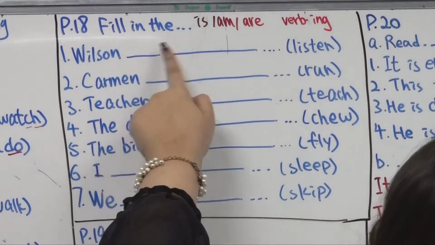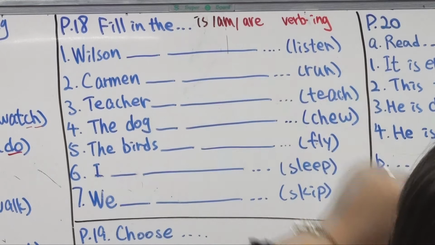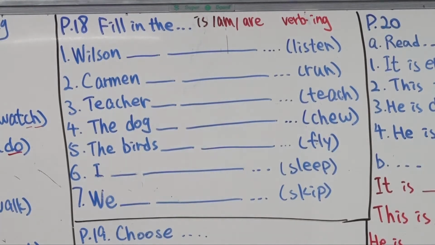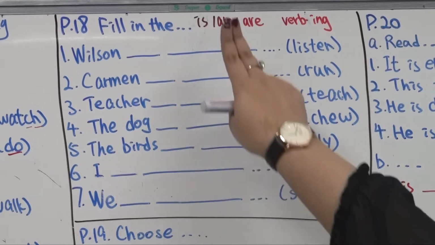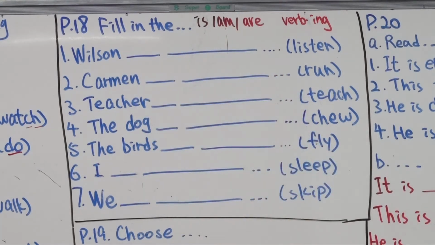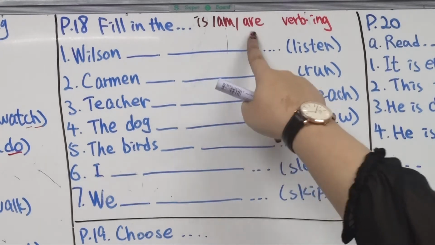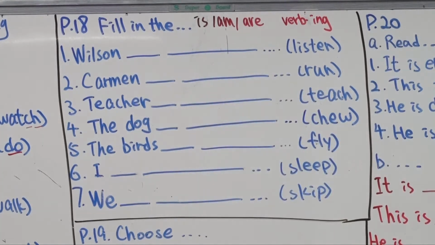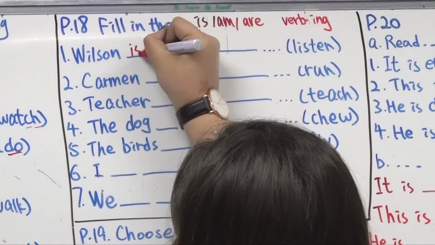Wilson, what to the music? Wilson's followed with is, am, or are. Wilson is just one person, right? It's not I, so we cannot use am. So the option is is or are. Is, good job, is. Wilson is.